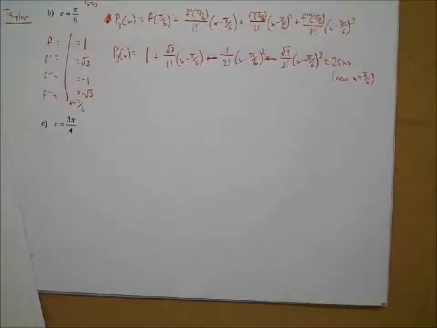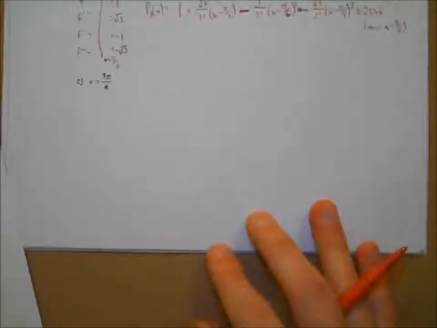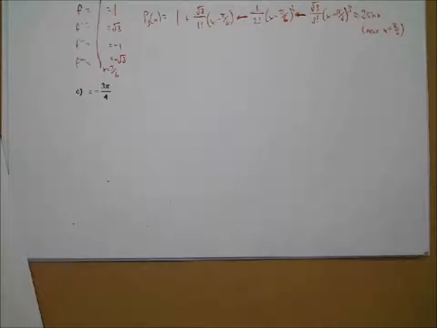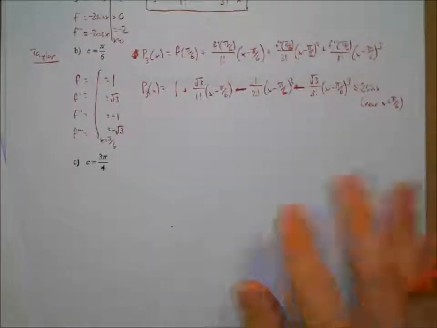All right, so one more here. Let's have you guys try this one all on your own. So go ahead. C equals 3 pi over 4. Give it a go. All right. It's the same idea as what we just did there. Same idea. Okay.